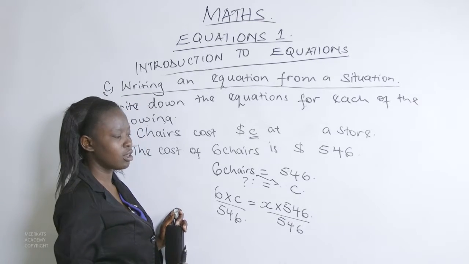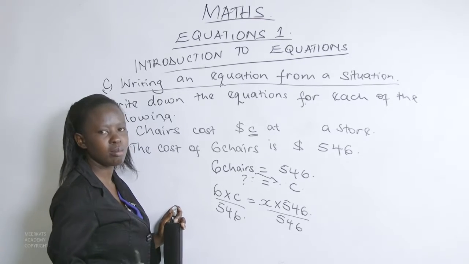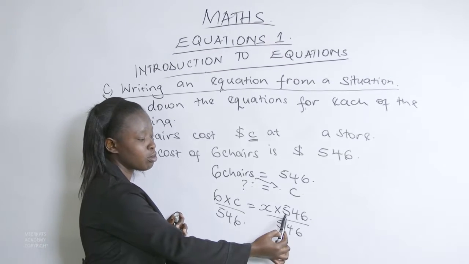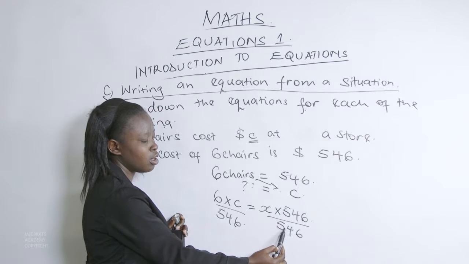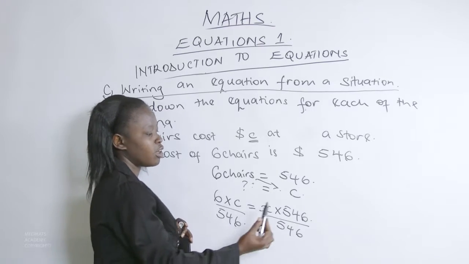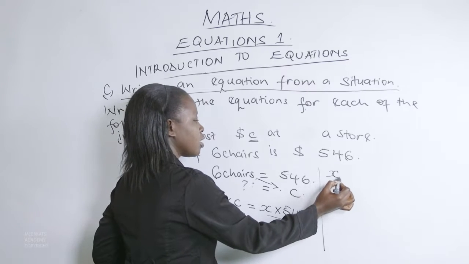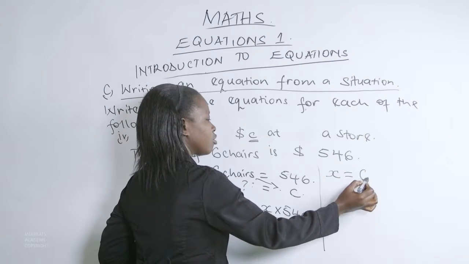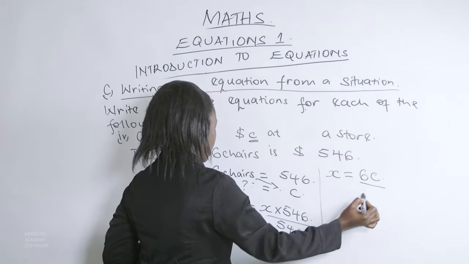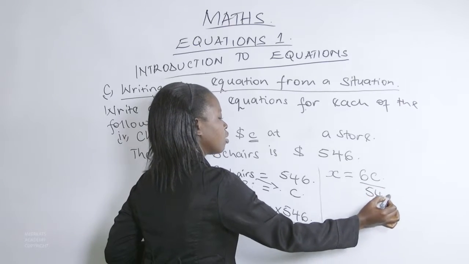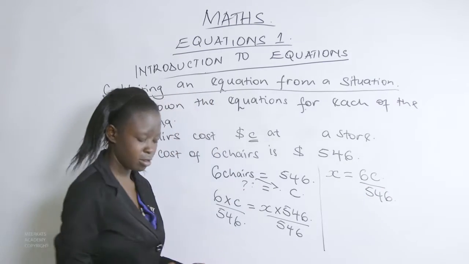I need to get the value of X, which is representing my number of chairs. So I divide by 546. So the equation that we come up with is that X is equivalent to 6C divided by 546.